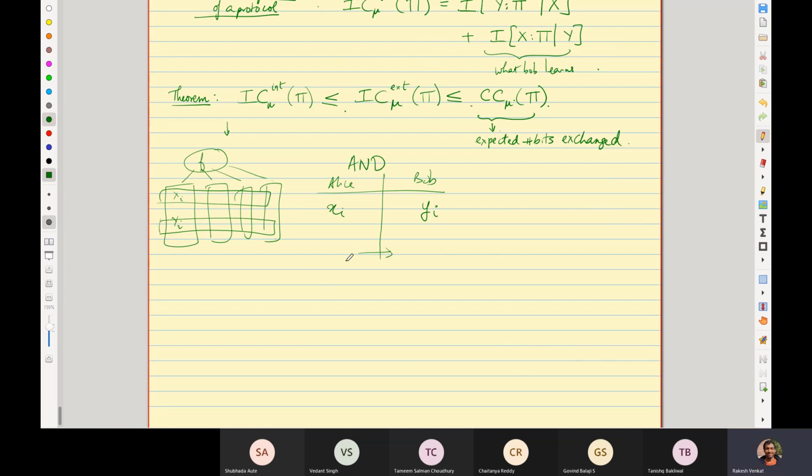So it's actually non-trivial to find out what is the information complexity of AND. What is the best case? What kind of protocol will leak the least information while allowing them to compute their answers up to some probability?